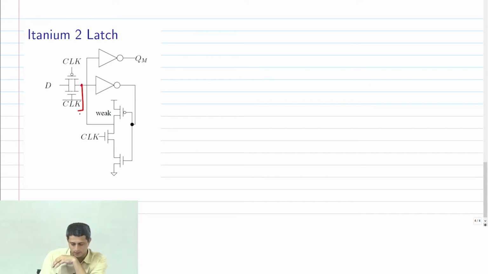So let me replace this with a tri-state inverter, okay? It may be easier to analyze. This is clock bar.